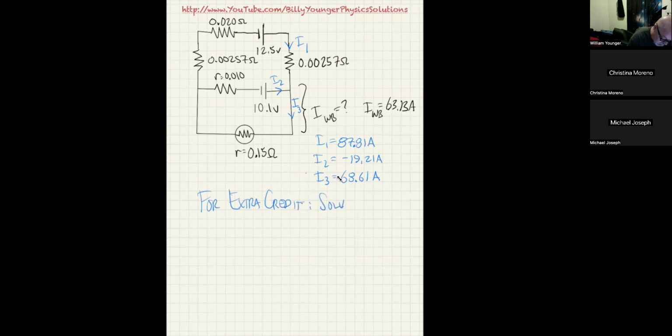So for extra credit, solve, let's see, I don't want to say it that way. Solve the bottom circuit for I weak battery.